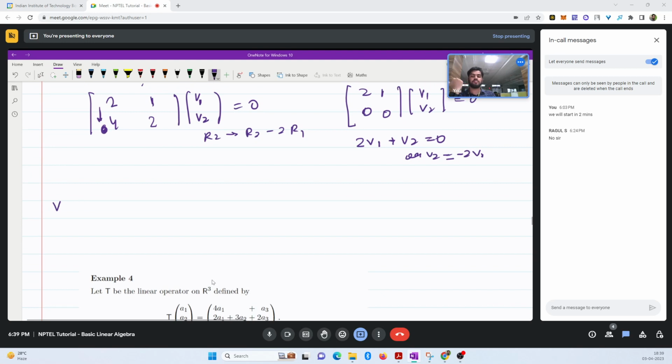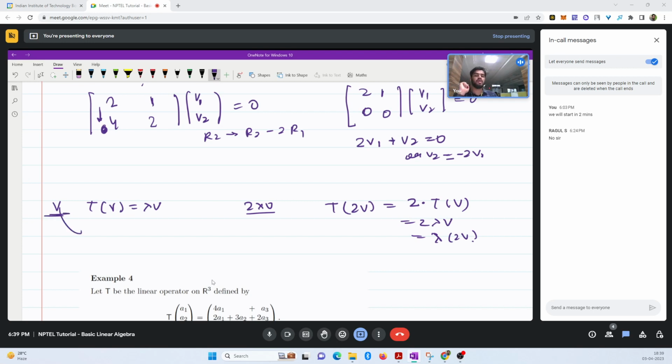One thing to remember is that if you are looking for an eigenvector, let's say v is your eigenvector, then T of v is lambda v. Now take 2 times v, then what would be T of 2v? This would be 2 times T of v, that is 2 lambda v, or this is nothing but lambda times 2v. So if v is your eigenvector, then any scalar multiple is also an eigenvector.